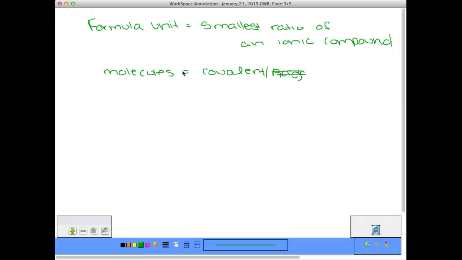So let's look at an example. Let's look at C and D. So C says that we have dinitrogen trioxide.